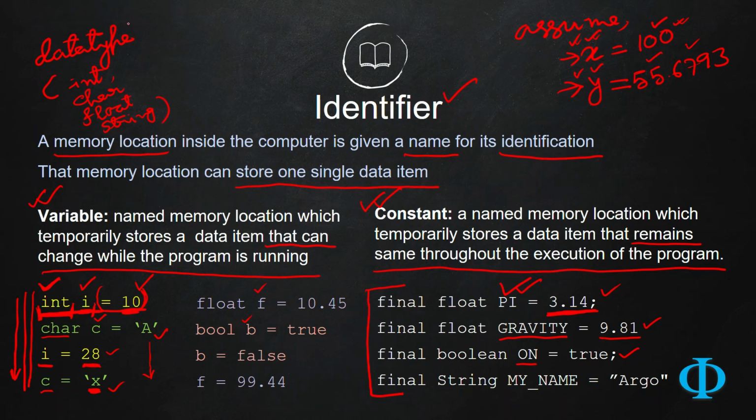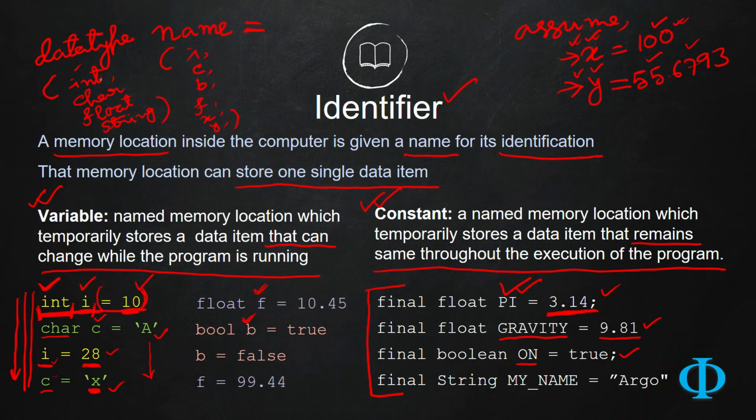So the first one is data type, followed by the name of the variable. That can be anything like I, as you can see in here, C, then B, F. These are all I have used in here as variable name, F, B, I, C, and all. And you can use anything like X, Y, whatever name is your choice. So that's the name. And after that, an optional initial value based on the type of this variable.